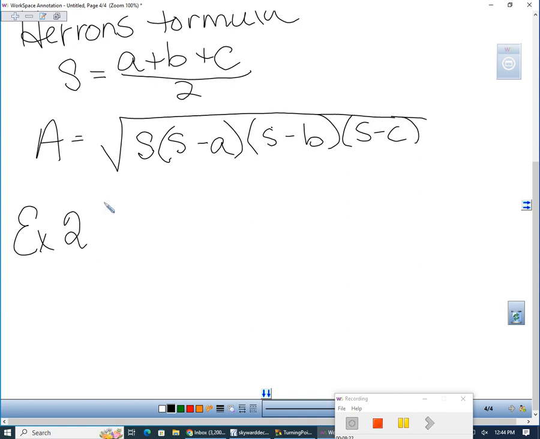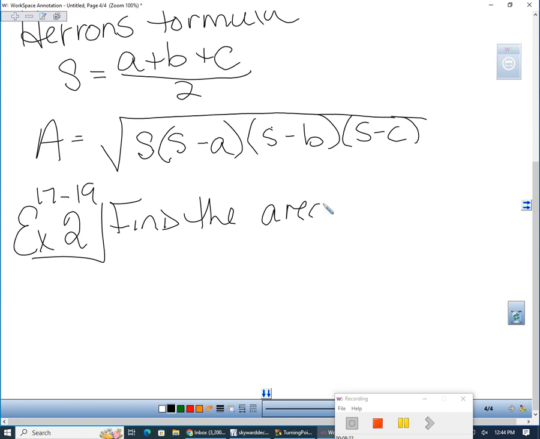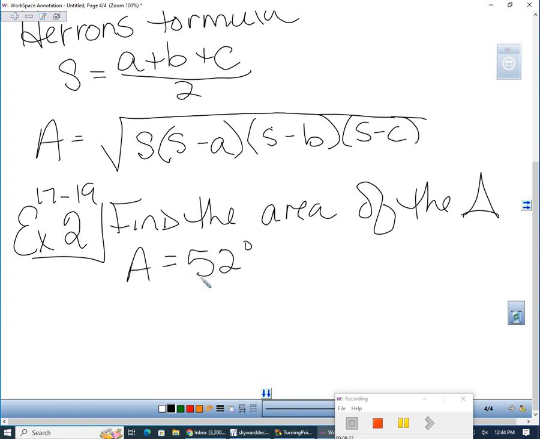So we're going to go with example number 2. Example 2, this is going to be 17 and 19. Find the area of the triangle. And maybe we have A equals 52 degrees. Side B equals 14 meters.